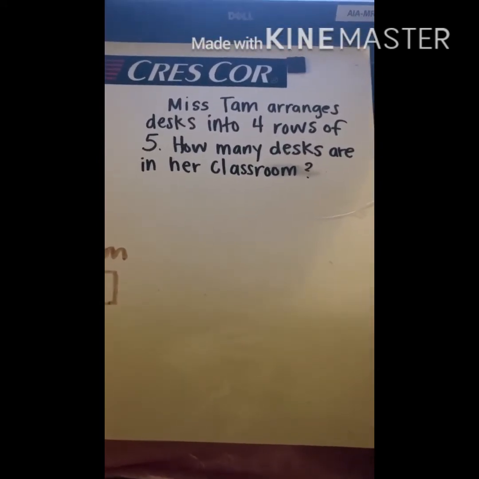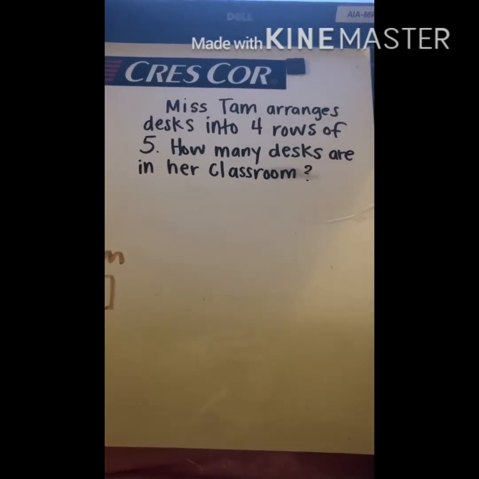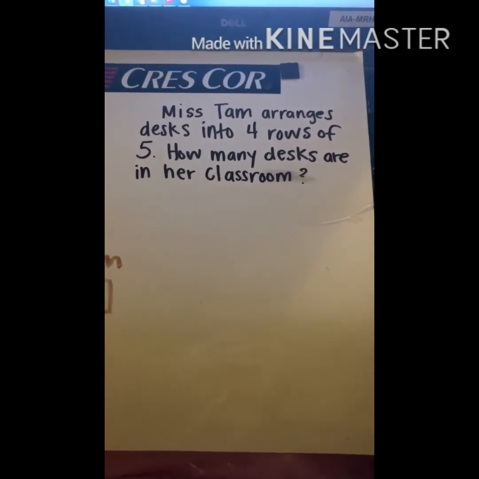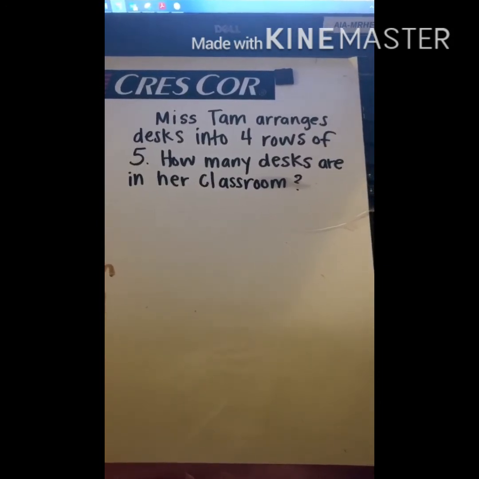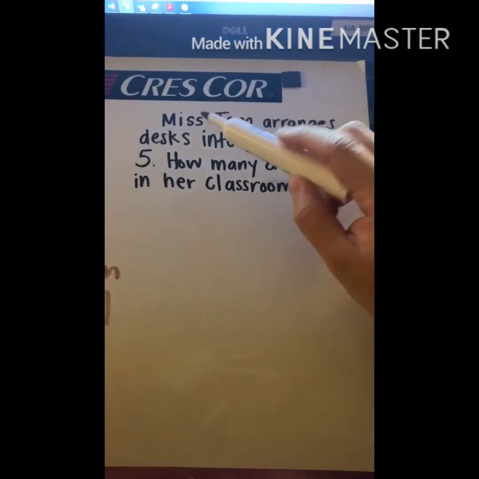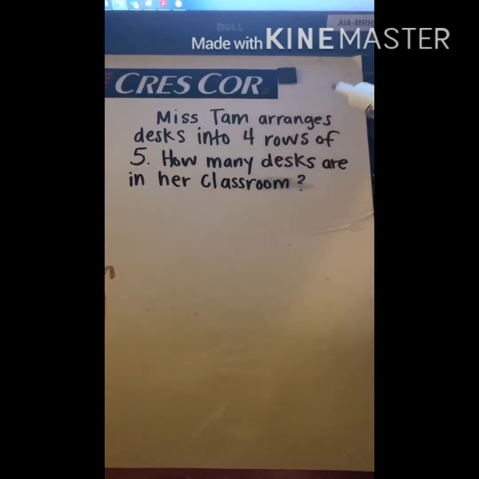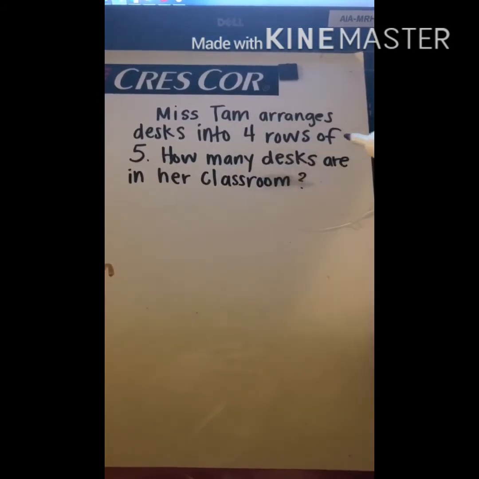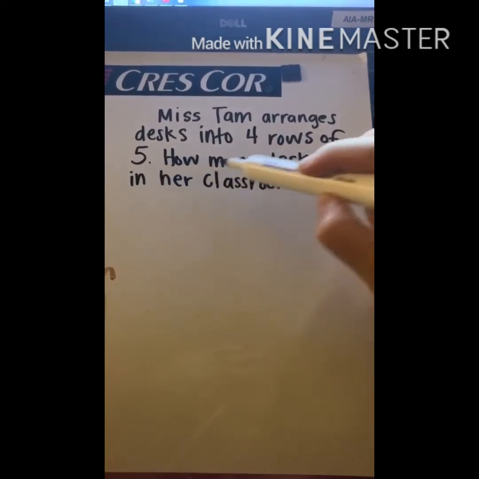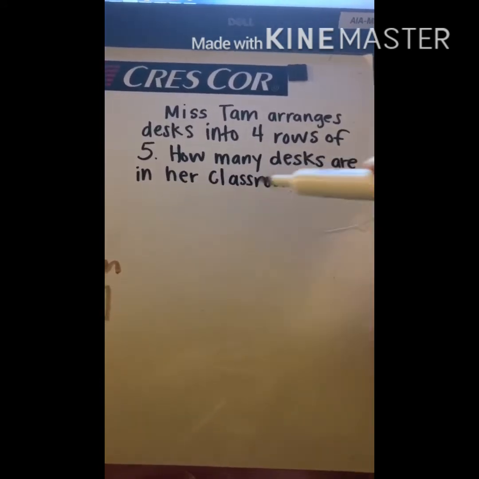We read it more than once to find some important information to solve our problem. So here we go again. Let's read it together on 3. 1, 2, 3. Miss Tam arranges desks into 4 rows of 5. How many desks are in her classroom?